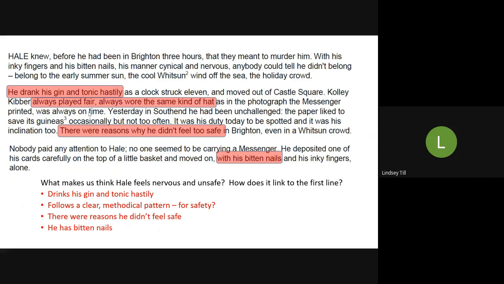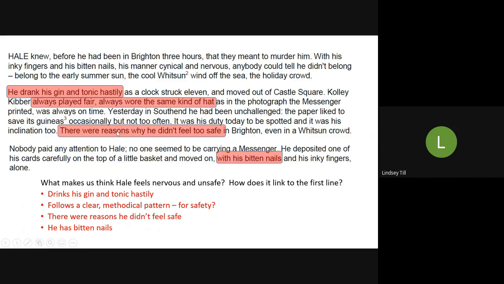And that repetition of the adverb always makes me realise that he does things the same all the time, and maybe that's for safety. There were reasons he didn't feel too safe, and that's a direct quote as well, isn't it? And he's not feeling safe.